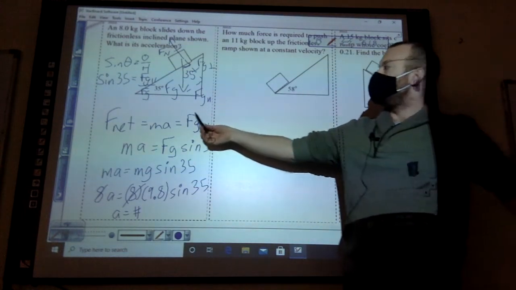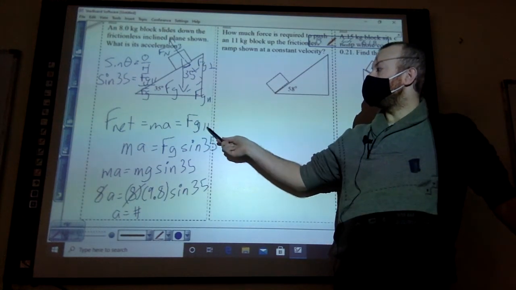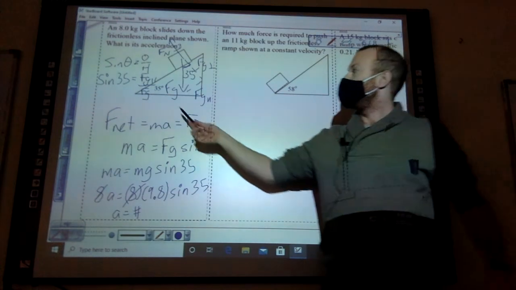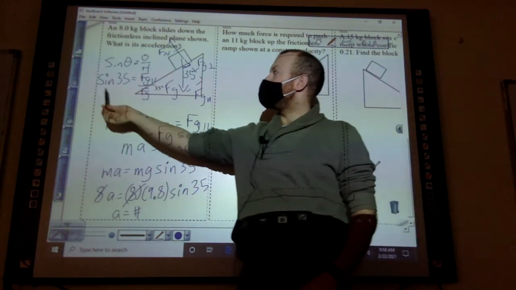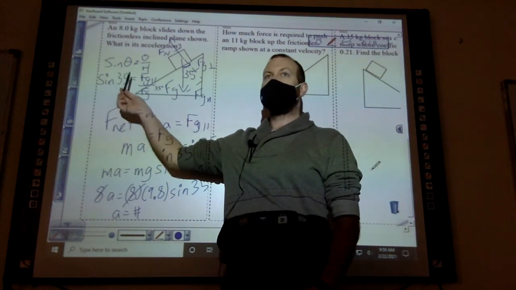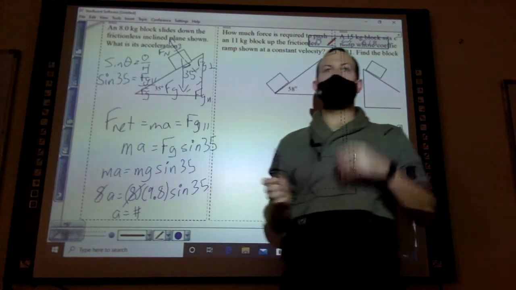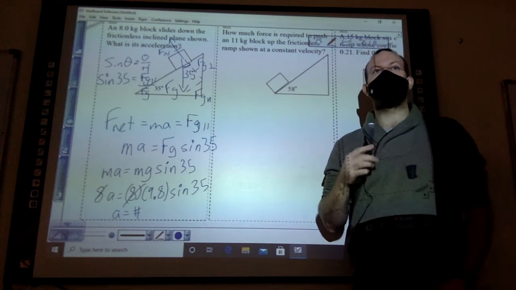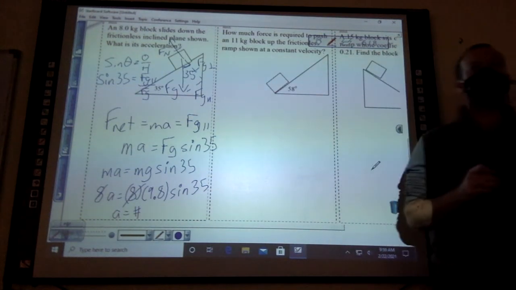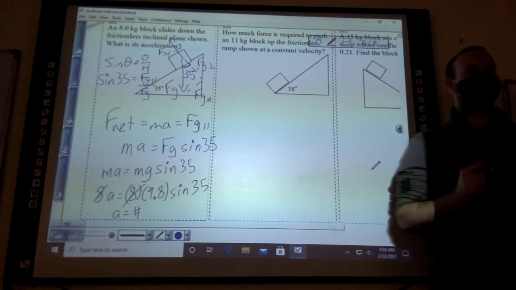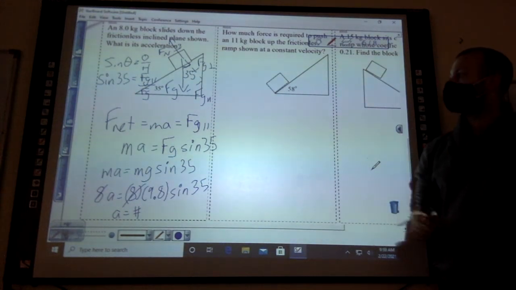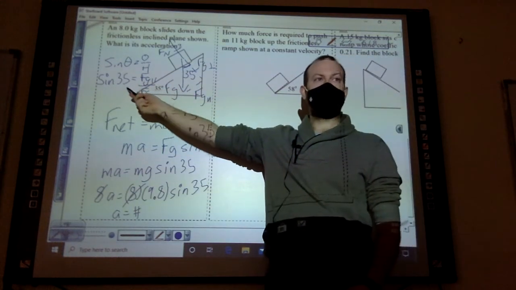That's what I'm wanting to look for. So FG parallel is equal to this. So I times FG onto this side. I got FG sine 35 is equal to FG parallel. So I use substitution. Make sense? From this.